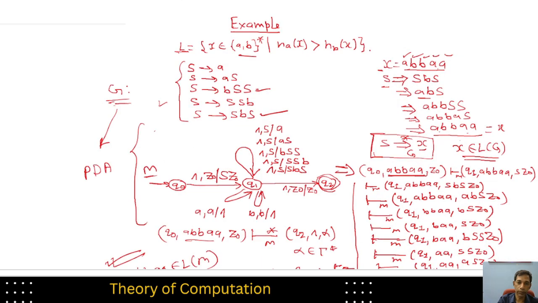And hence here you have seen that from the given grammar G, we are able to obtain the PDA like this. So if you are given a context-free grammar, then corresponding to the context-free grammar, this is the way you can obtain the pushdown automaton that accepts the same language as the language generated by the given grammar. Okay.